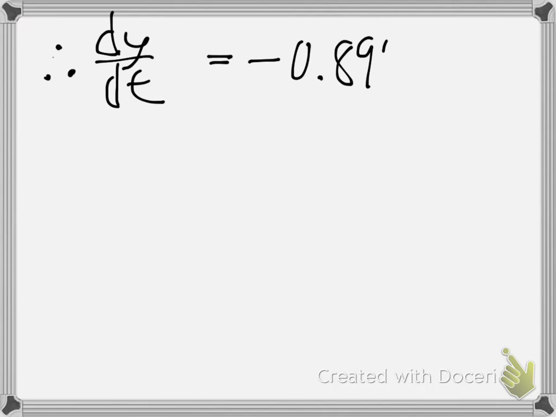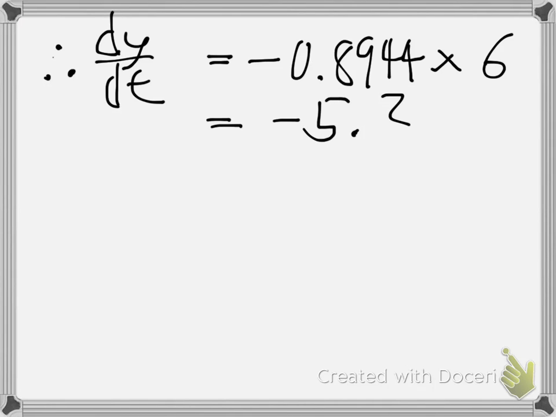So dy/dt equals negative 0.8944 times 6, which equals negative 5.3664.